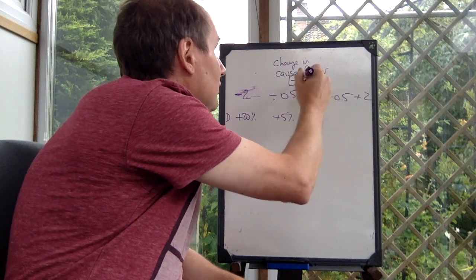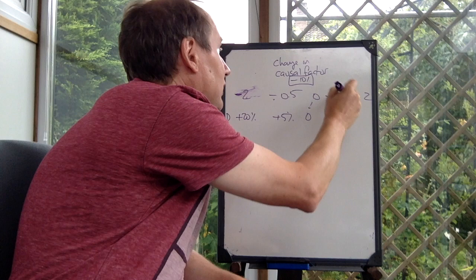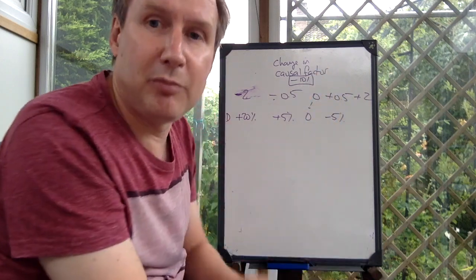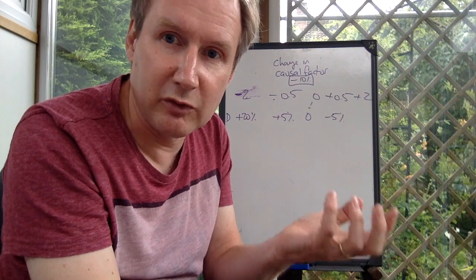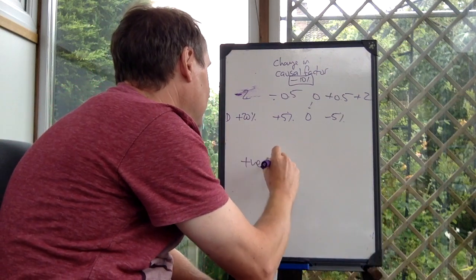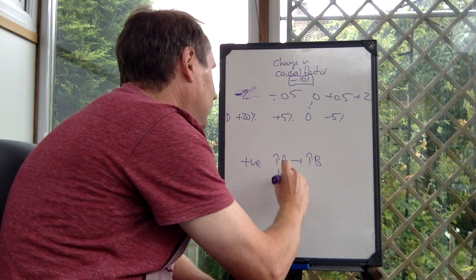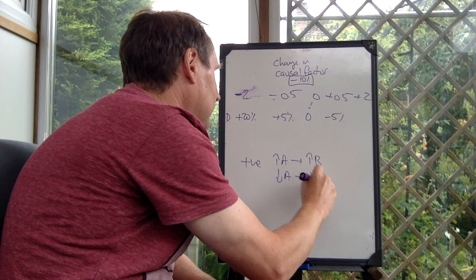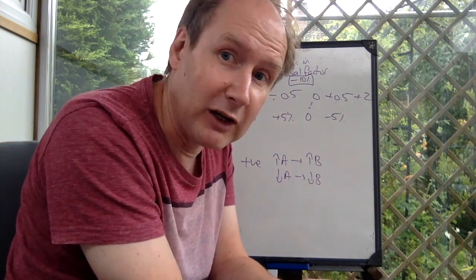Here, demand in this case would fall by 5%, because here we have a positive correlation, and a positive correlation means that the two things rise and fall together. So a positive correlation means that an increase in A leads to an increase in B, or a decrease in A leads to a decrease in B. So that wouldn't be the case for price, but it would probably be the case for income.